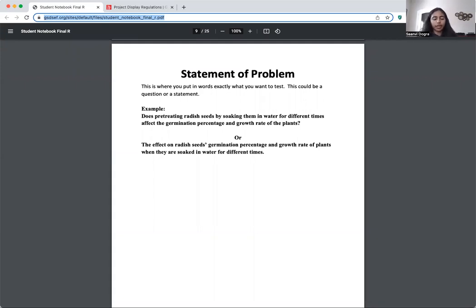So some of the examples given in this is, does pre-treating radish seeds by soaking them in water for different times affect the germination percentage and growth rate of plants. So they're mentioning their specific independent variable, what they're testing, and then they're stating their dependent variable, what they're measuring, which is the germination percentage and the growth rate of plants. So make sure you mention both of these things and how you're investigating whether these are correlated or what you expect to get from your project.